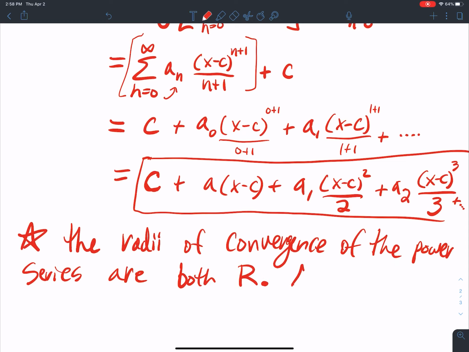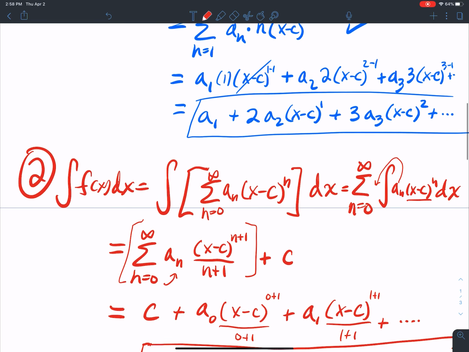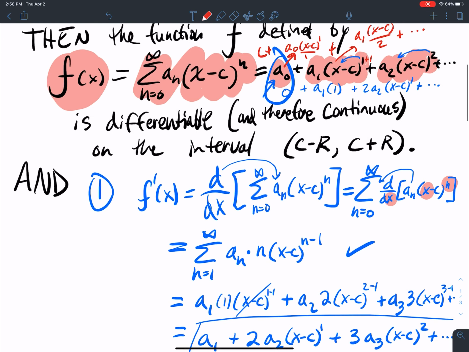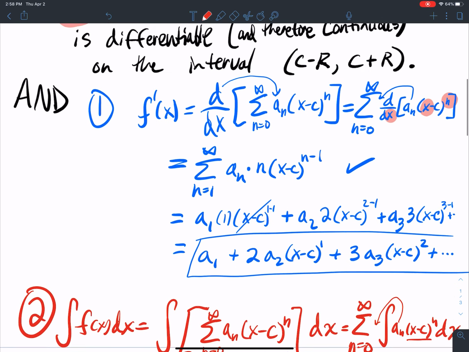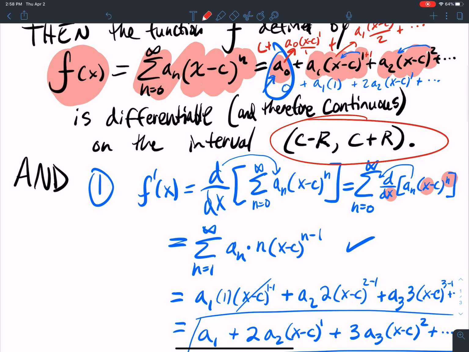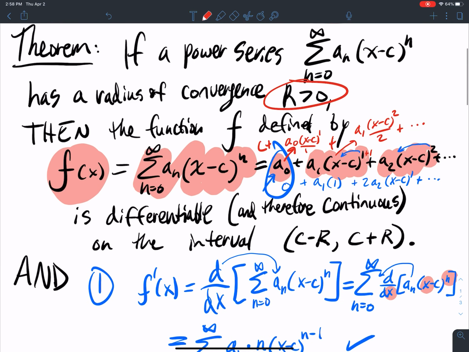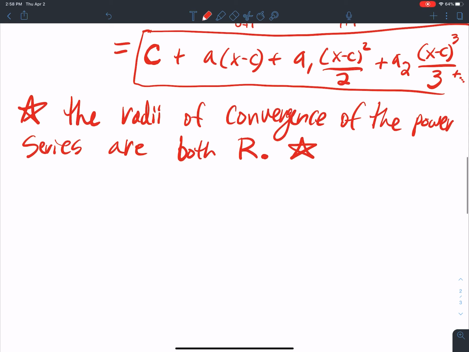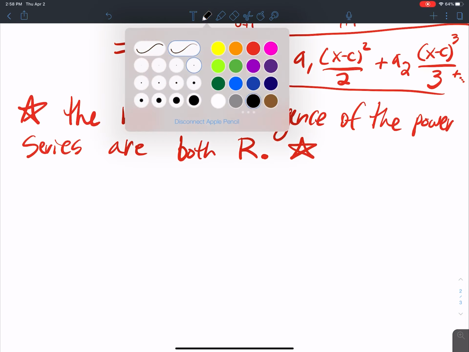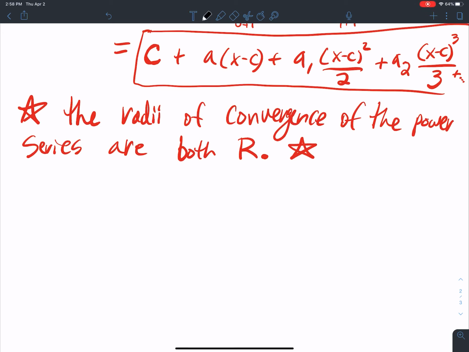The radii of convergence for the integral of the power series and the derivative of the power series are both r. Not the interval of convergence, but the radius of convergence is both r. Now, what happens potentially is the interval changes.